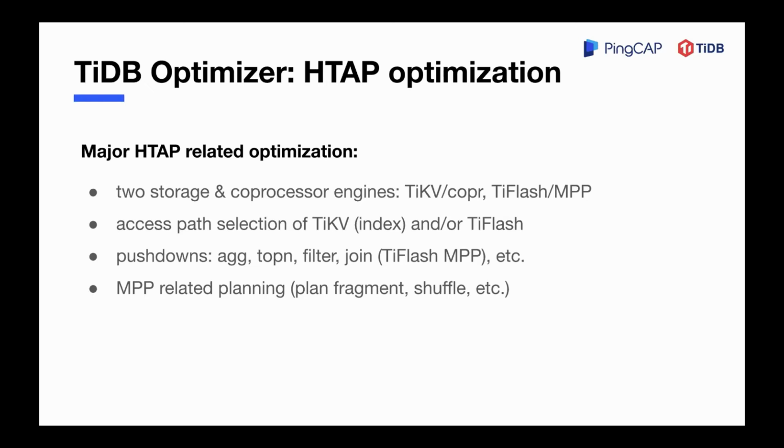And since our TiFlash processor is MPP, we do have MPP related planning. For example, we can fragment the plan into subplans and send them to each of the MPP nodes to do parallel distributed computing at the same time. So that's also a very important HTAP optimization.